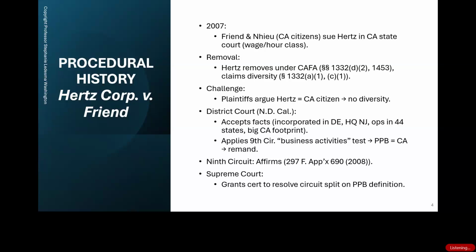What was the evidence submitted by Hertz? Hertz said, look, our employee relations manager has sent in a declaration. And in that declaration, it declares that Hertz has facilities in 44 states.